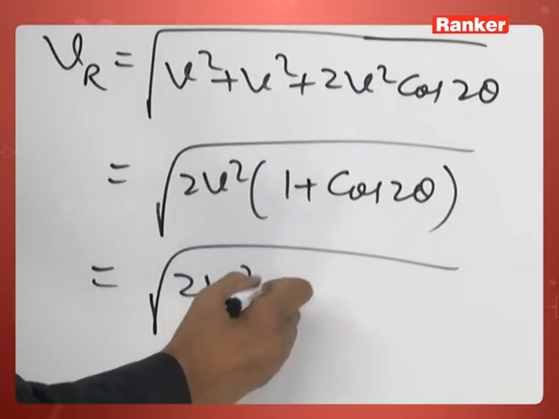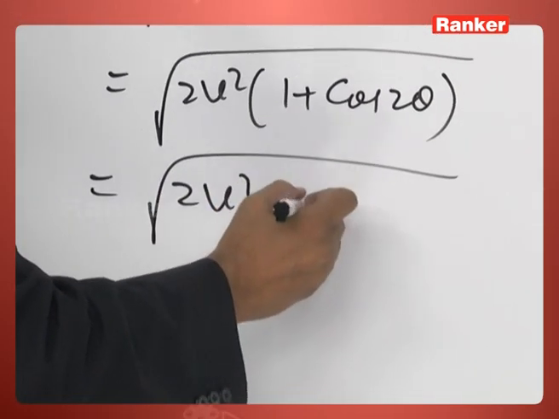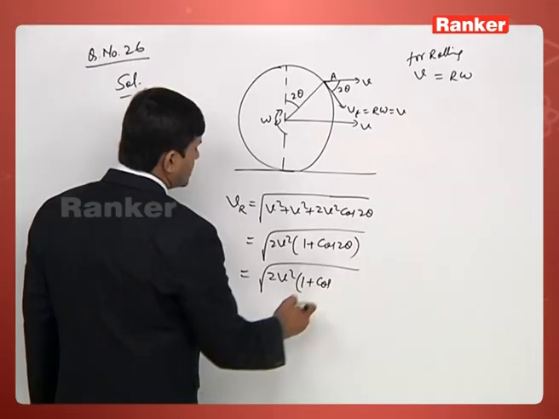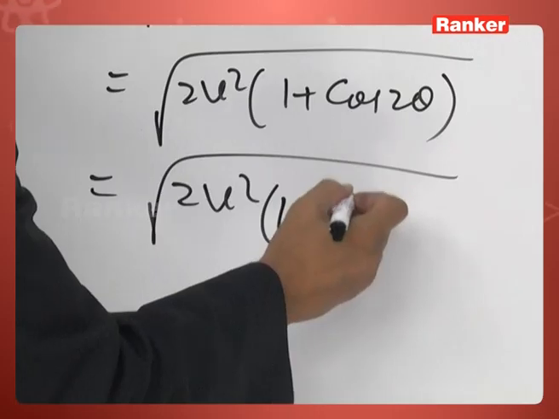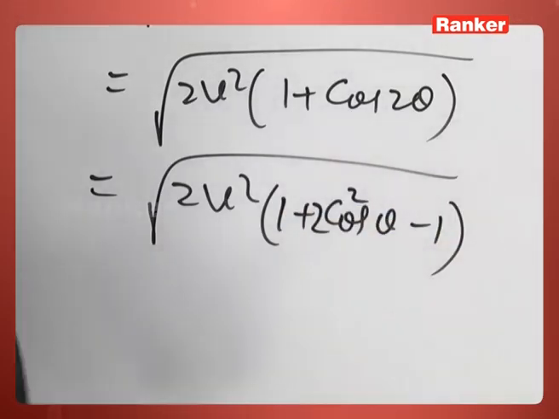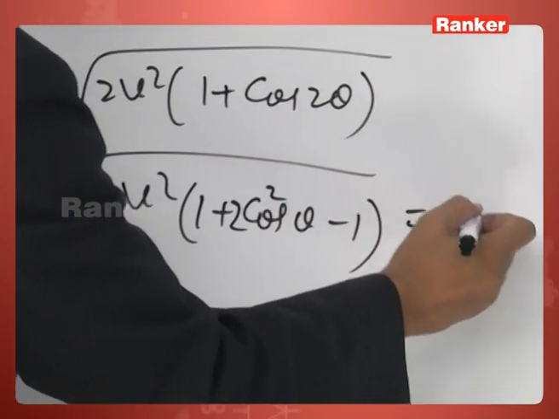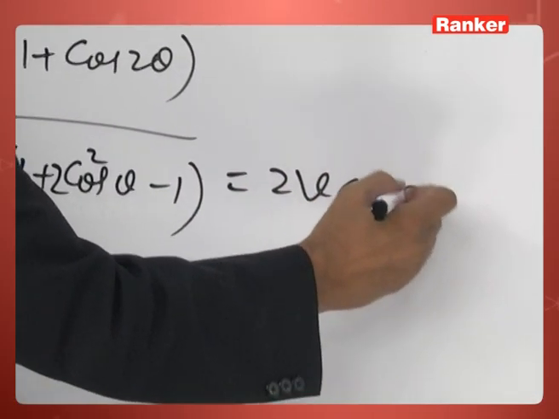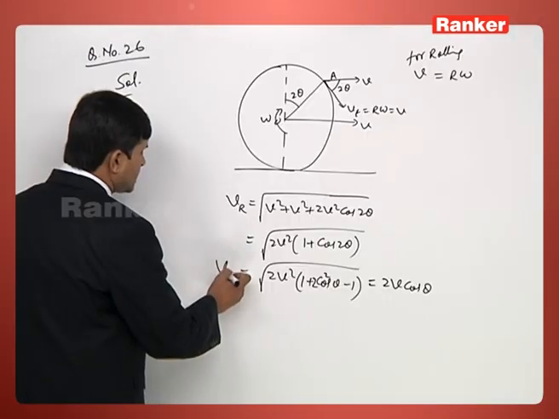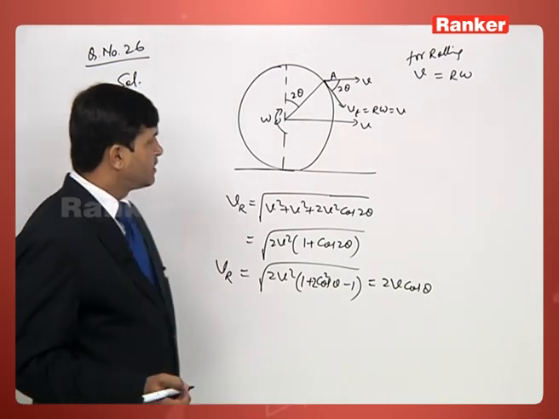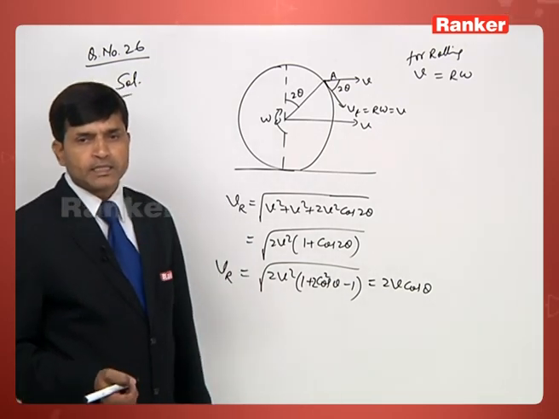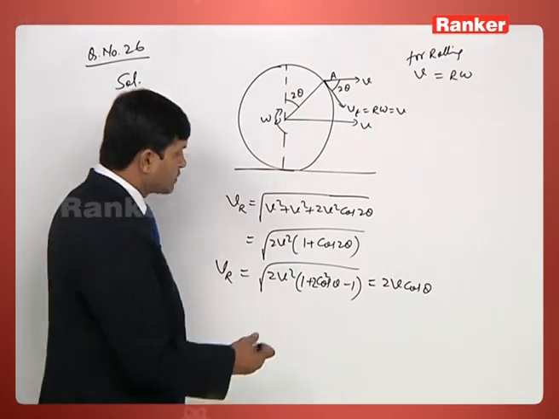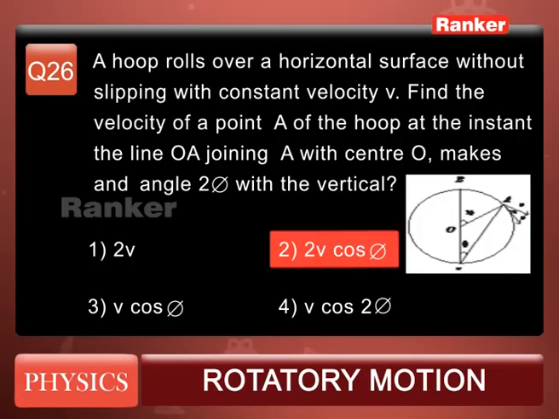So 2v square 1 plus cos 2 theta, 2 cos square theta minus 1. So this will be your 2v cos theta. So resultant velocity of that point will be 2v cos theta. So our correct option here is option number 2. So answer number 2 is the correct answer.